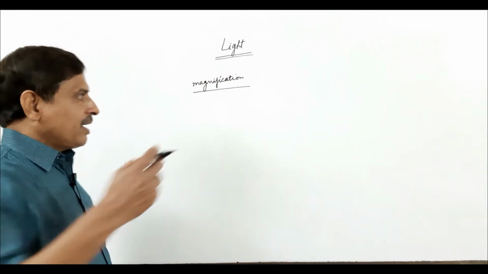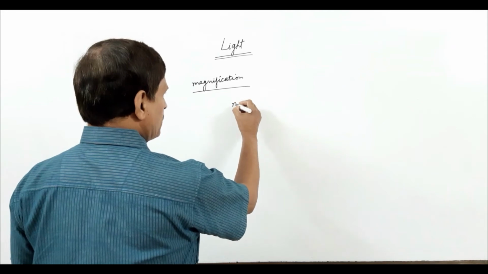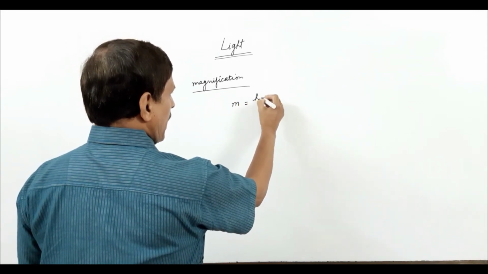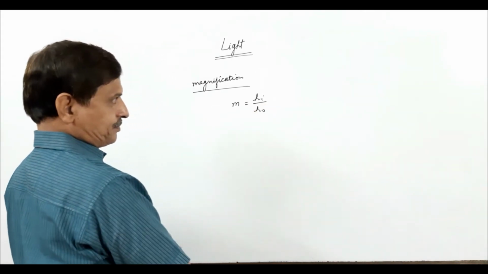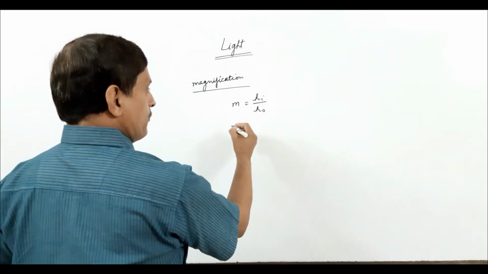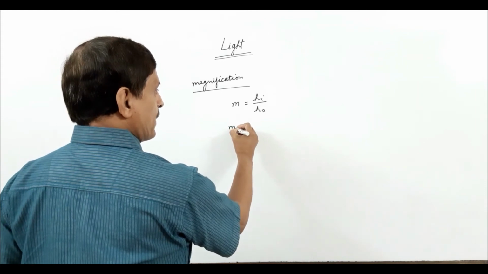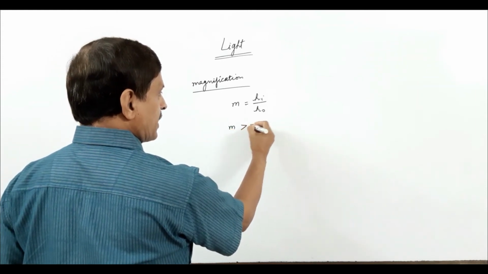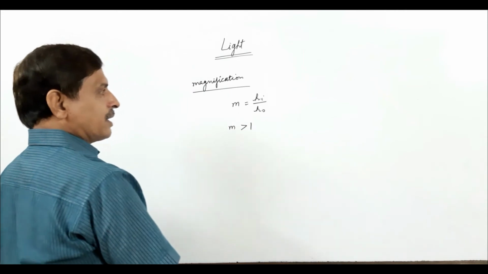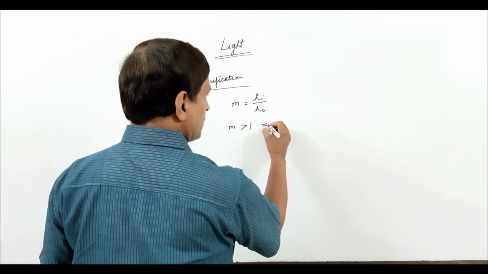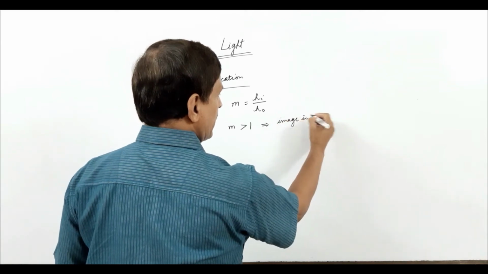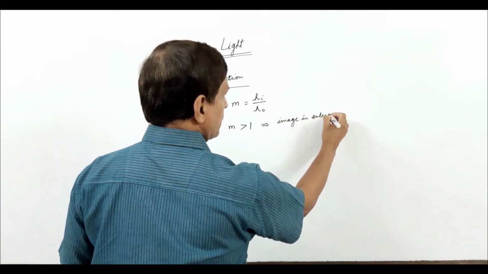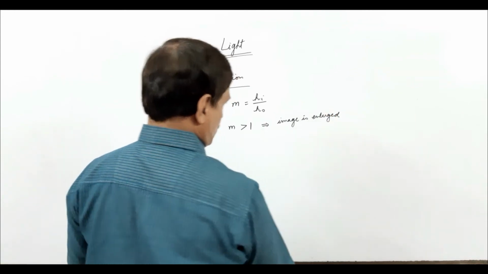Magnification may be defined as the ratio of the height of the image to the height of the object. If the value of magnification is greater than 1, it implies that the image is enlarged.